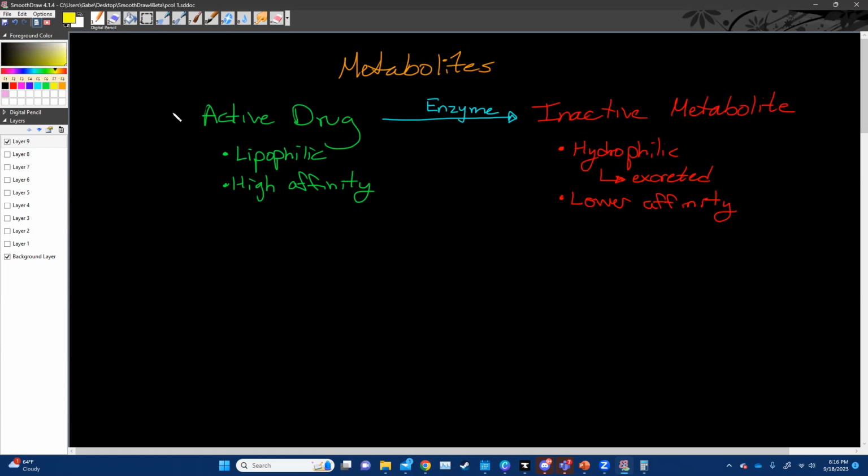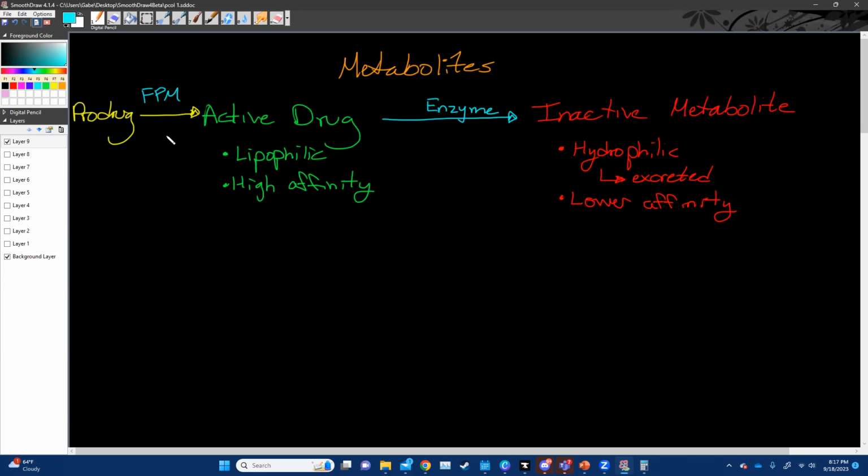Some drugs have very, very low bioavailability when they go through the liver. What we do in these cases is administer what's called a prodrug. What these prodrugs do is that they go through first pass metabolism, they go through absorption because the active drug itself is not able to do it.